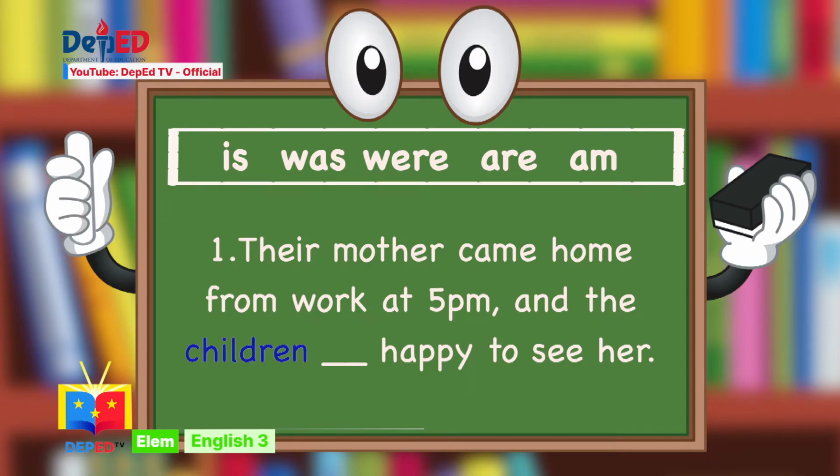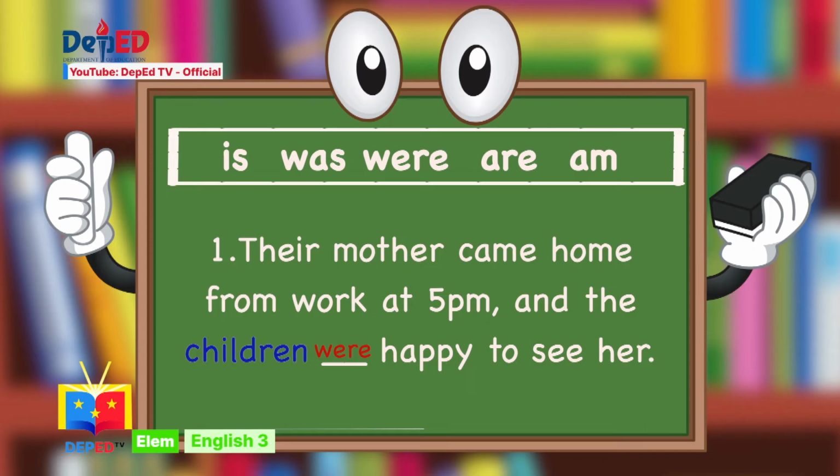Okay, the word came in the first clause gives us a clue that we should use the past tense. So, if it has a plural subject and the sentence is in past tense, what be verb should we use? Very good! We need to use the be verb were.